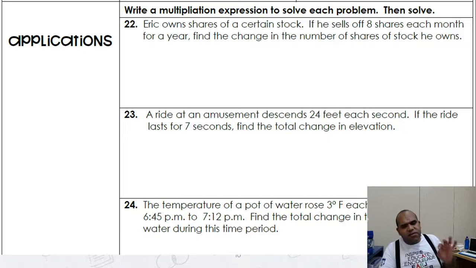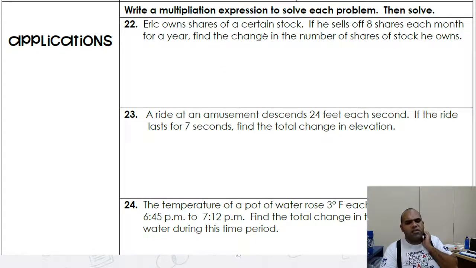Guys, word problems. I'll solve just one here. Eric owns shares of a certain stock. If he sells 8 shares each month of the year, find the change in the number of shares of stock he owns.